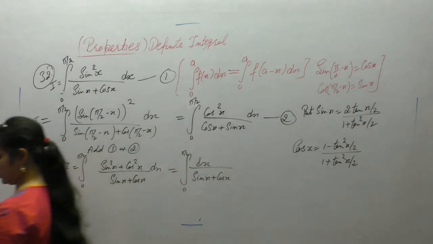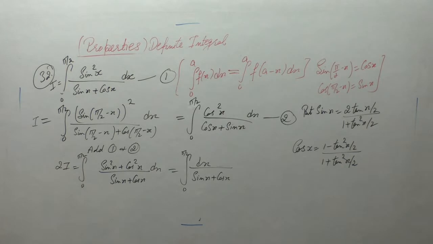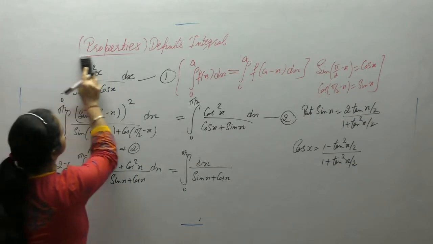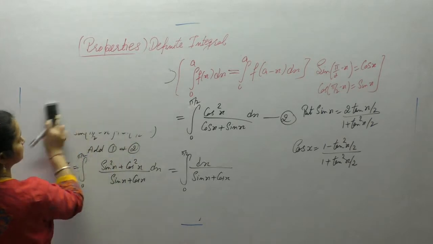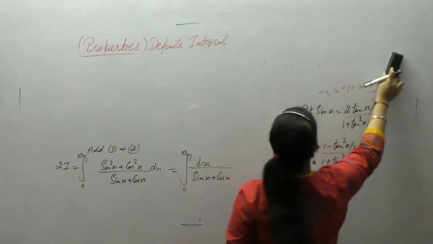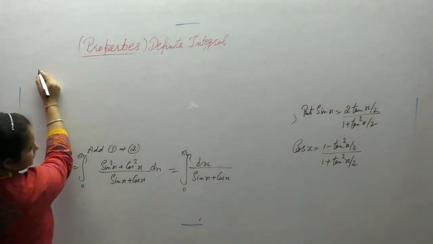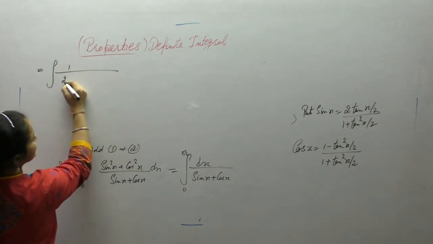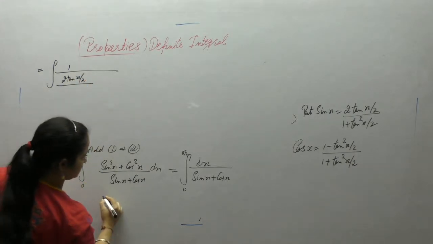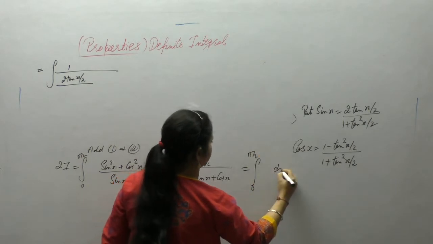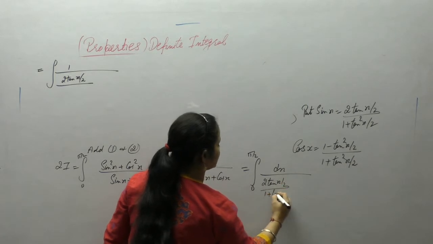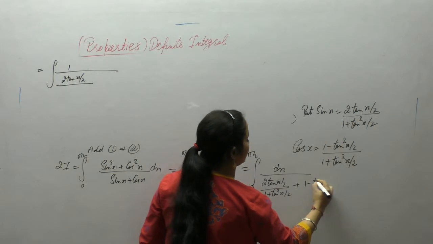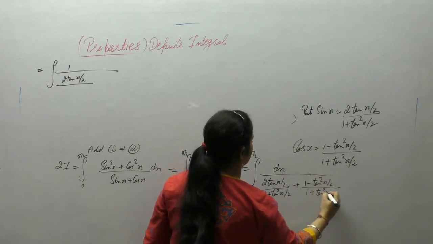Put this value here: sin x is 2 tan x by 2 upon 1 plus tan square, plus cos x is 1 minus tan square x by 2 upon 1 plus tan square x by 2.